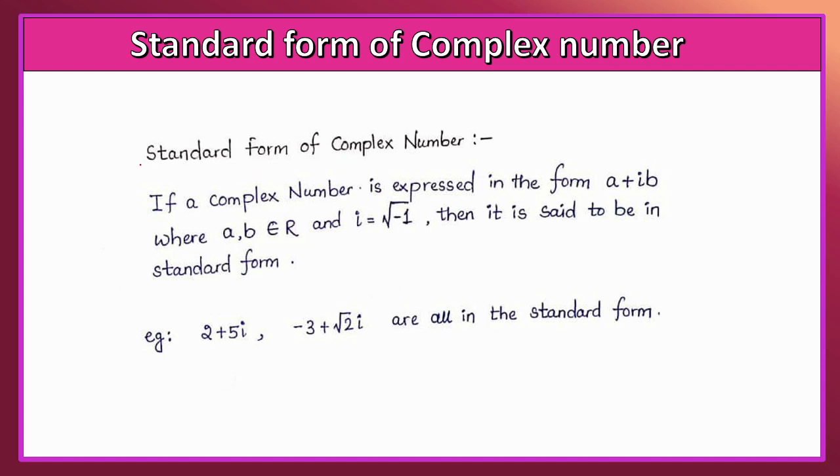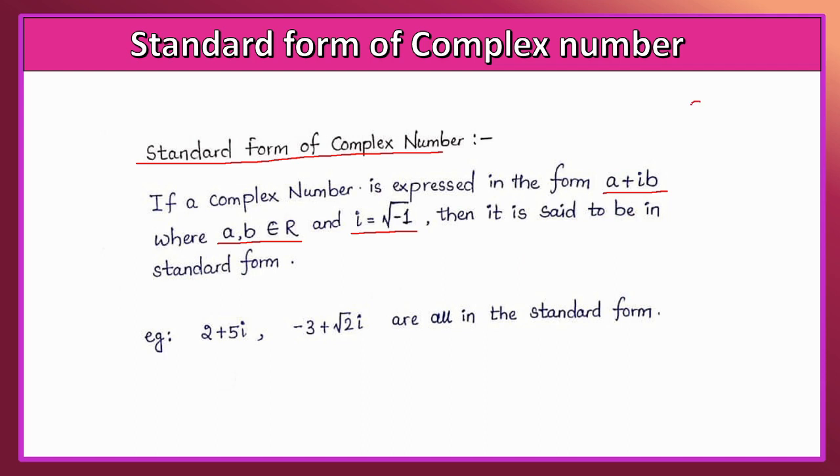So let's see what the standard form of a complex number is. If a complex number is expressed in the form a plus ib, where a and b belong to real numbers, and i is root of minus 1, then it is said to be in the standard form.